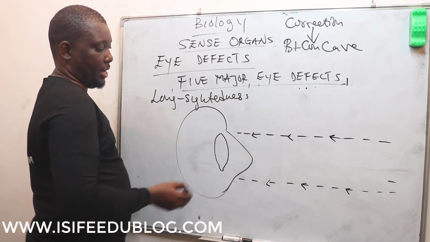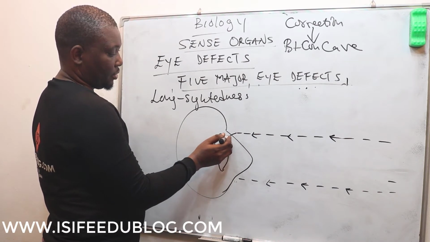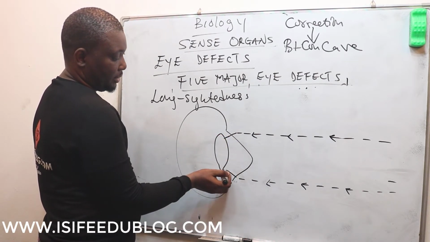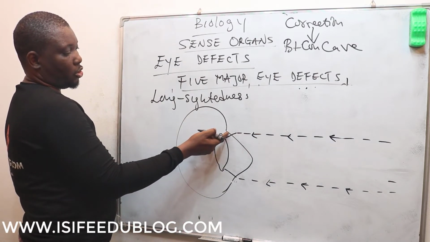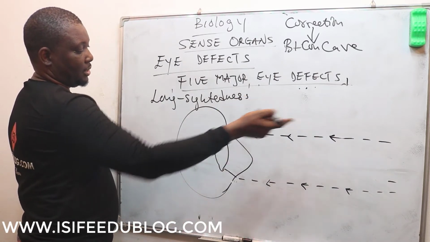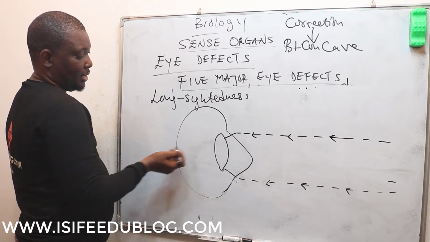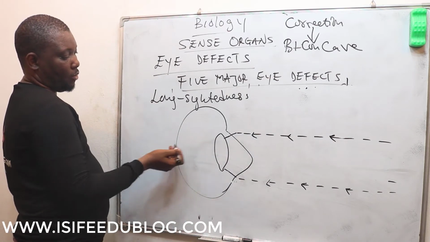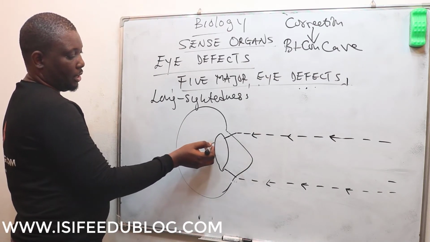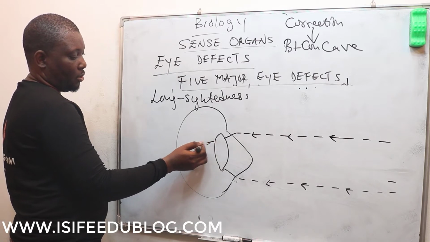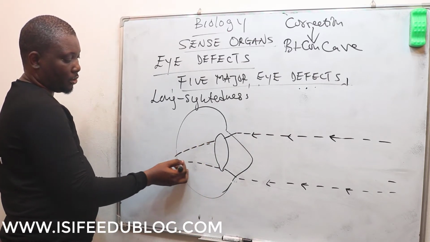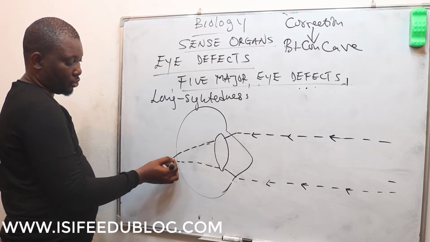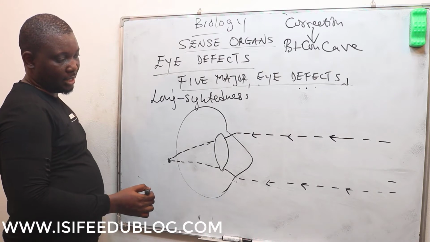Once it hits the cornea, it is refracted, bent. The light has been bent. But because there is not too much bending of this light from this distance, and because of the shortness of the eyeball, this light, when it is curved, is not able to focus, but goes and falls behind the retina.